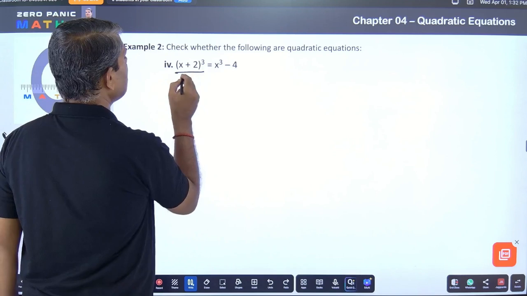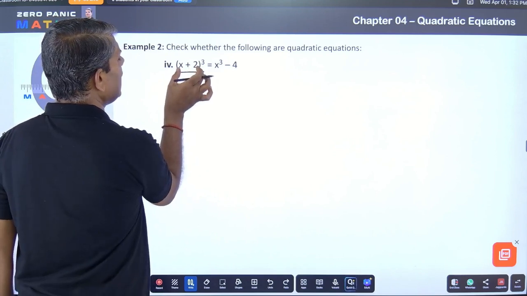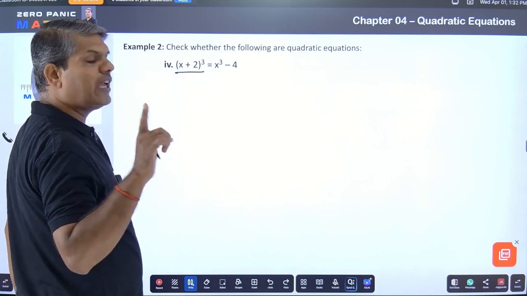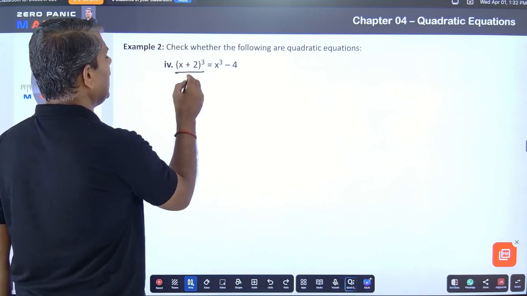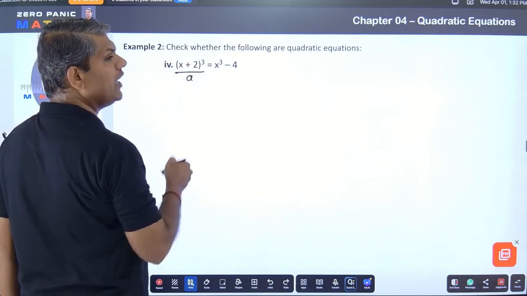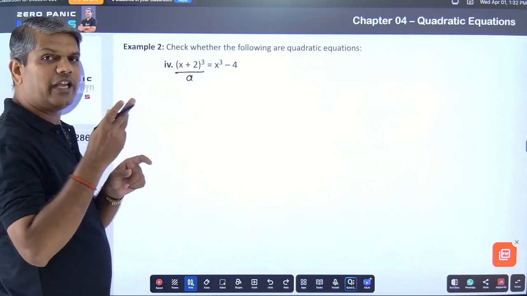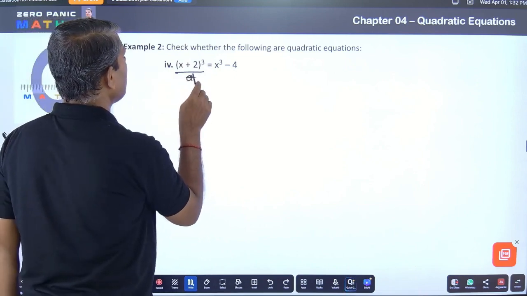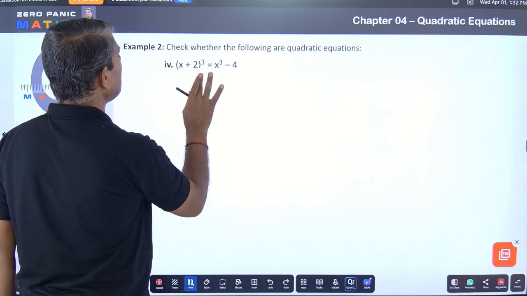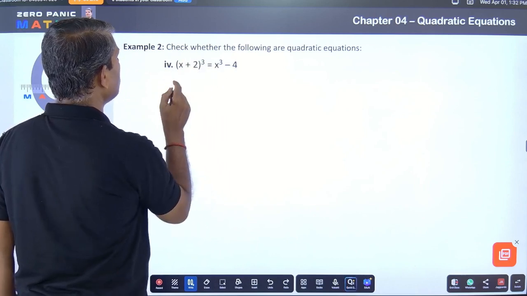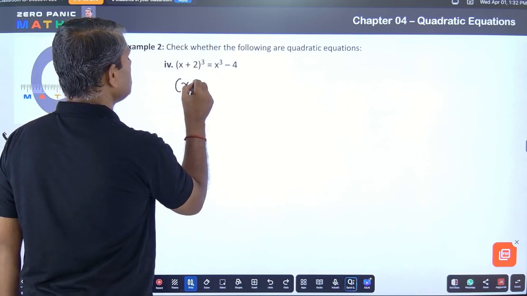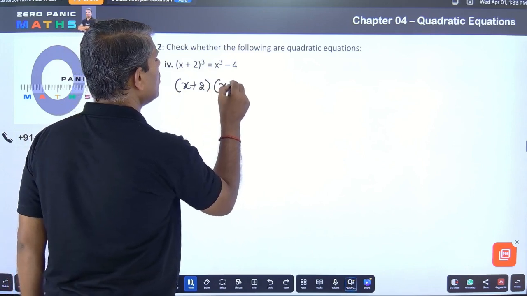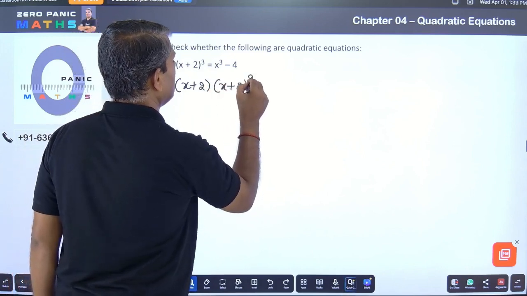Now let me write, since we consider x plus 2 as one term, a cube. Let us consider this as a, then it will become a cube, right? A cube, can I write a into a square? So in that way, x plus 2 whole cube, I am writing x plus 2 as one term and x plus 2 whole square as another term.